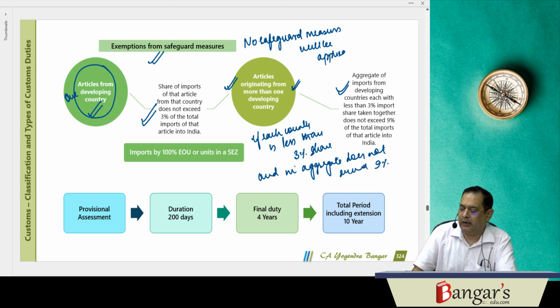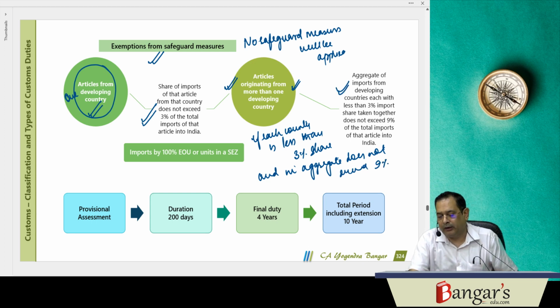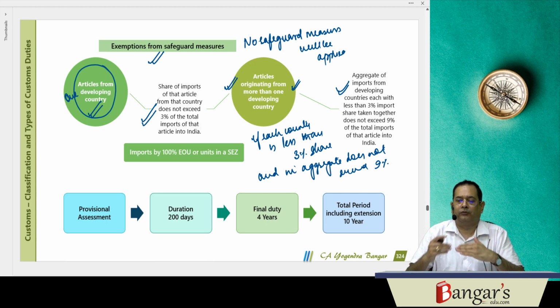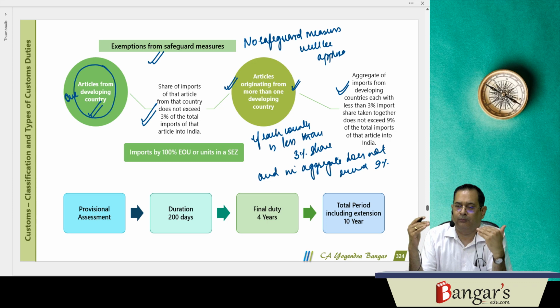That is, the aggregate of imports from developing countries, each with less than 3% import share, taken together does not exceed 9% of the total imports of that article into India. Besides this, the central government can also exempt safeguard duty from certain quantity when imported from a particular country.